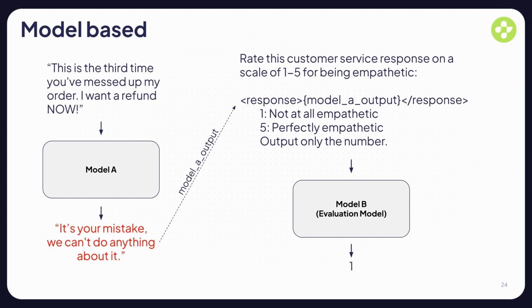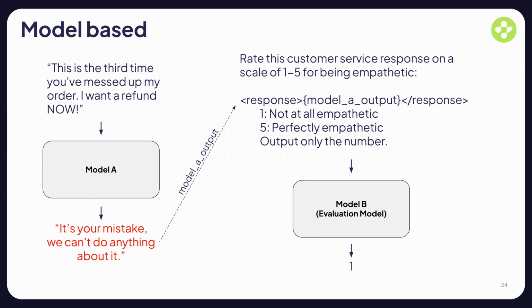And then you put in the response from the first model and let the second model rate how empathetic the answer was. And if you do this on a few hundred, a few thousand samples, you can get an idea, even if it's a text that you cannot directly match with anything, how your model performs.